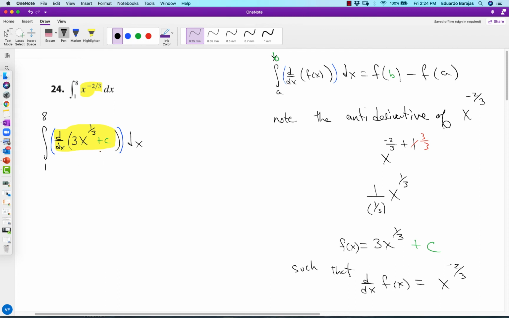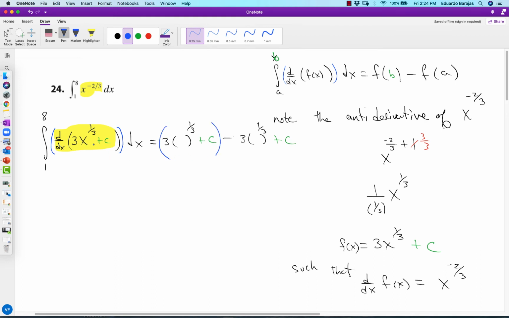So all we have to do is evaluate this function at 3 blank to the power of 1/3 plus c, and then 3 minus, and then 3 blank to the 1/3 plus c, and let's wrap it in parentheses.